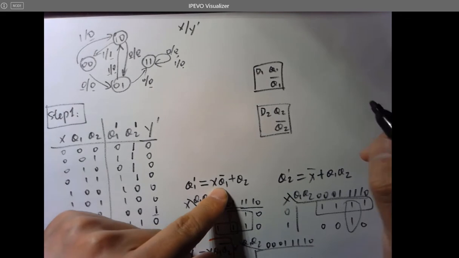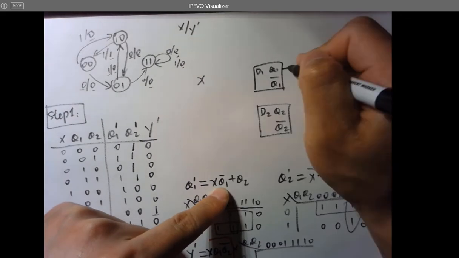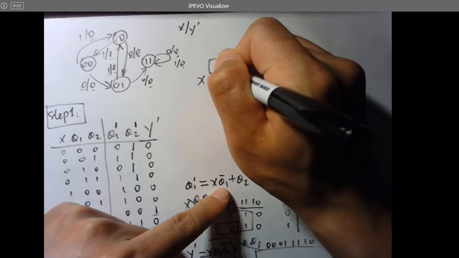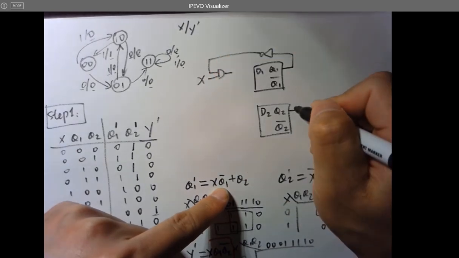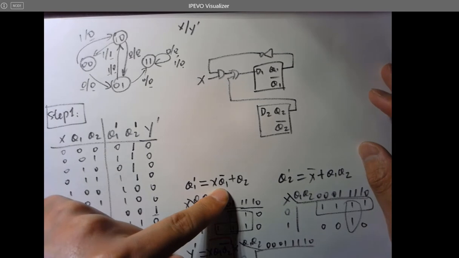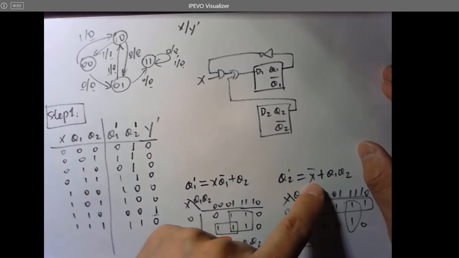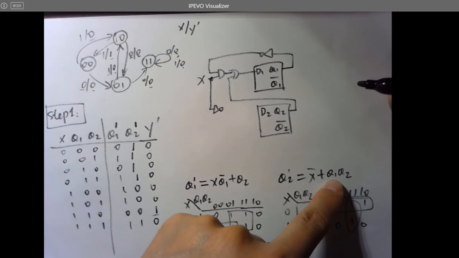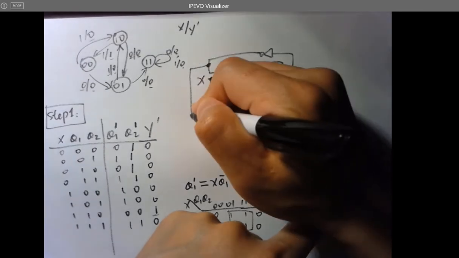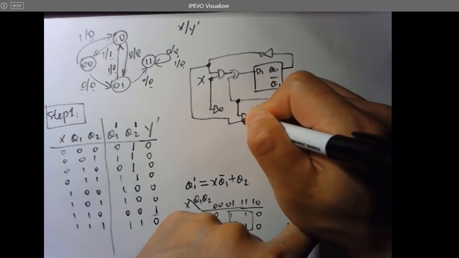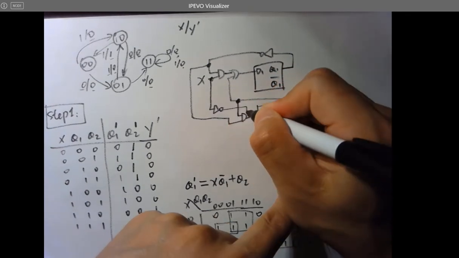So Q1 prime, which is X naught and Q1 naught, we need an OR logic, or Q2. Q2 prime, which is X naught, or Q1 and Q2. Q1 and Q2, that's Q1, that's Q2, right? You AND them and then OR this guy.